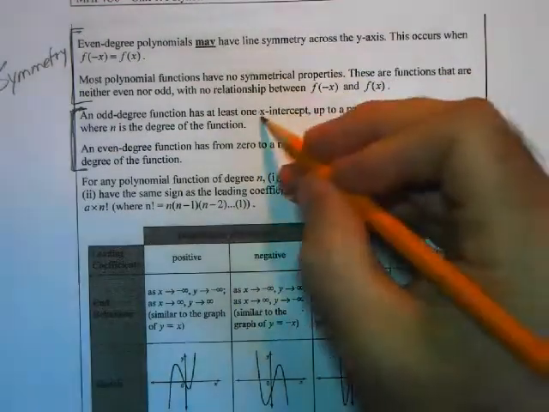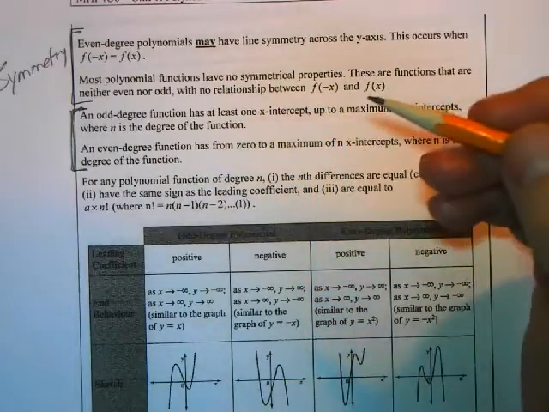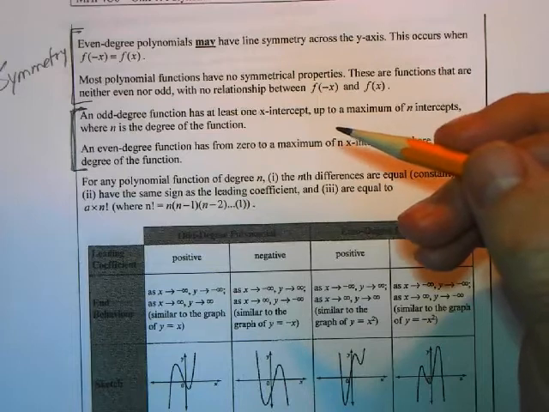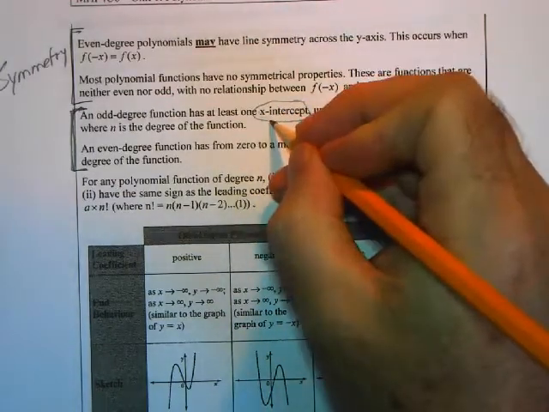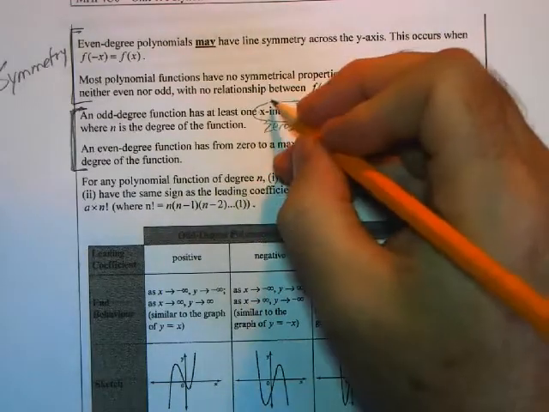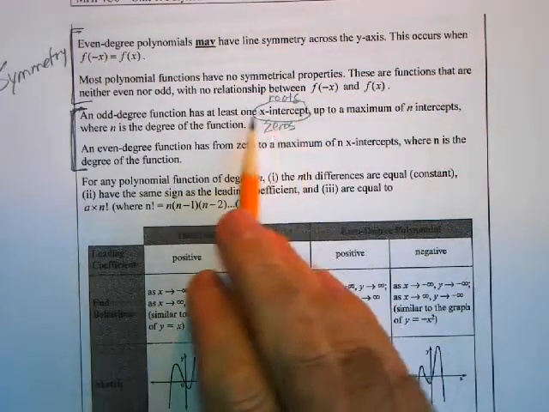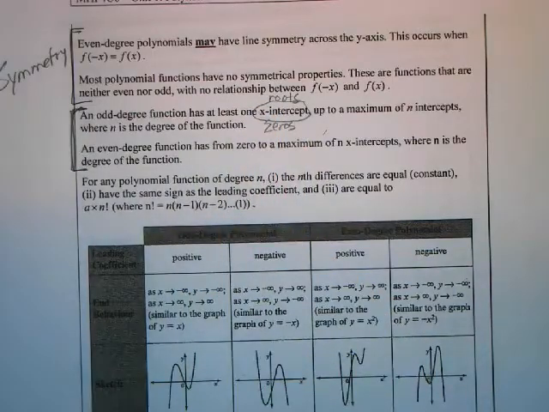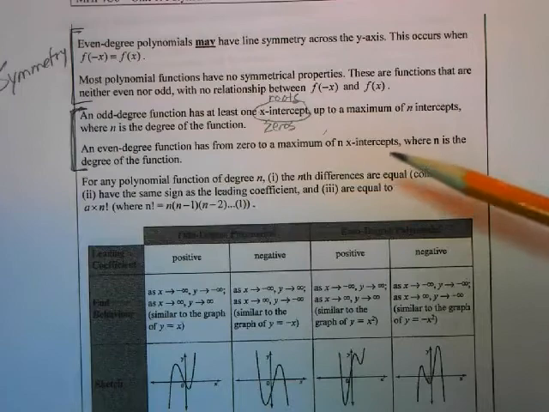I usually call them x-intercepts because it's a follow-through from previous grade math courses. But we can also call those zeros, and we can also call them roots. Most of the time I'll call them x-intercepts or zeros, but if you hear any of those three, in terms of polynomials, all three of these are going to be the same.